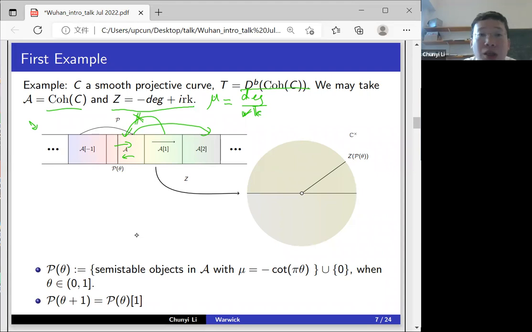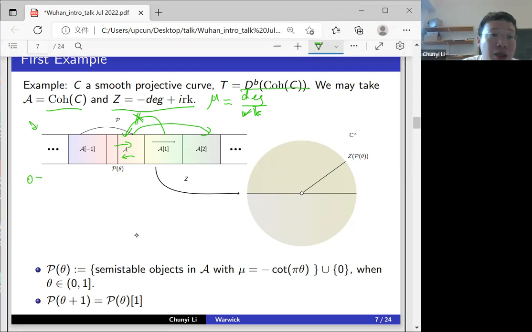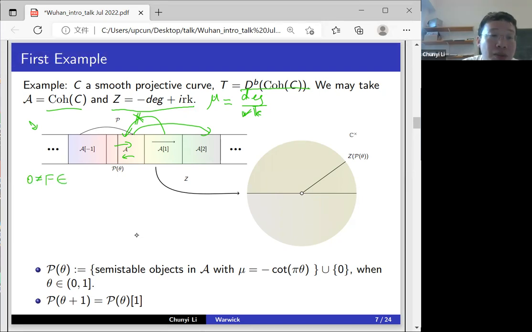So let's look right and then look left. That means the whole category is built up by this Hart structure. For any non-zero object in T, you can always filterize it by objects from the Hart with a homological shift, by factors.